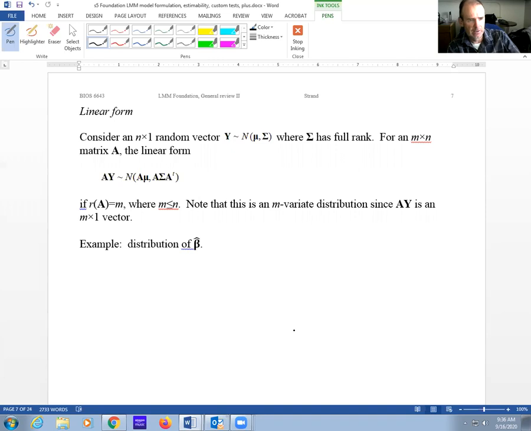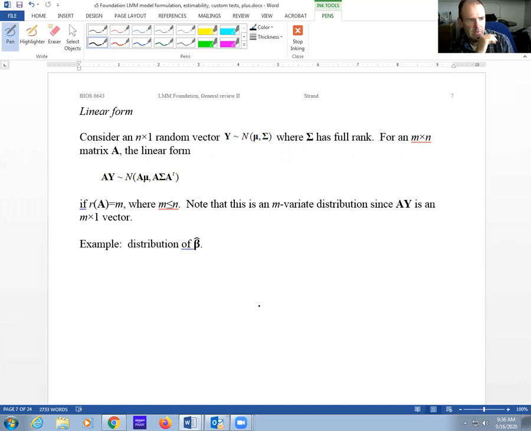What I'm going to do here is present two useful identities or theorems: the linear form and the quadratic form identities. These results are very useful and will be important.